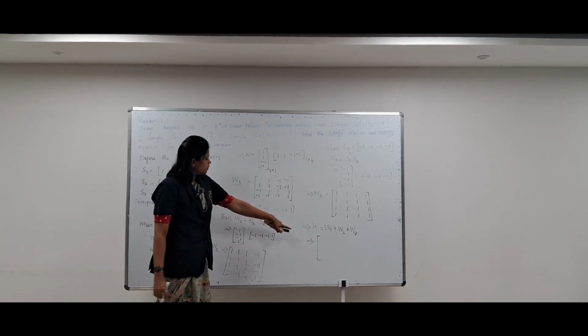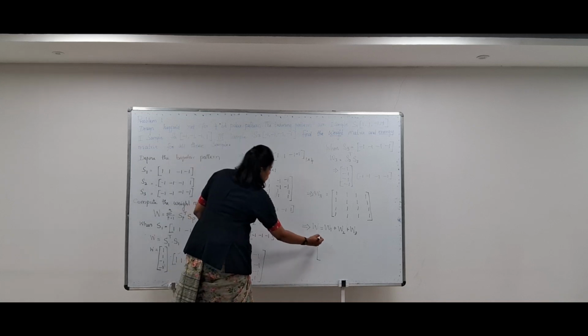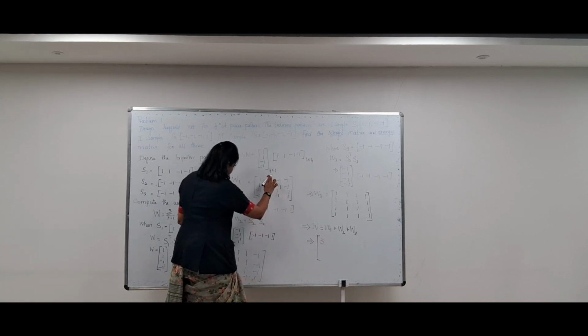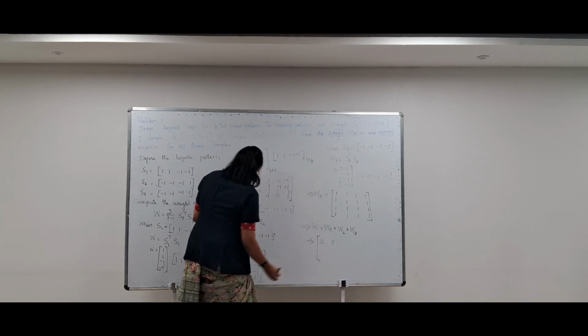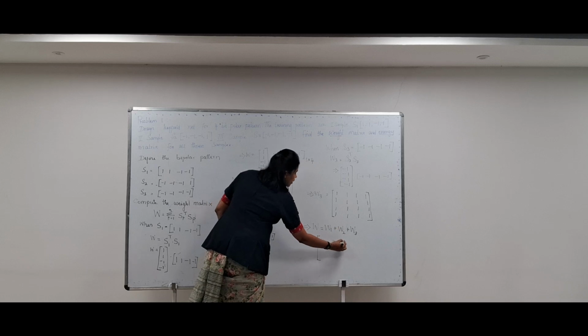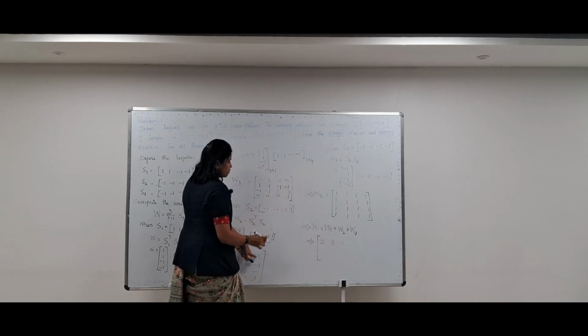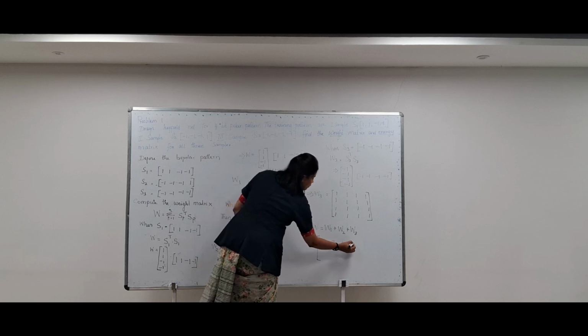W1, W2, W3, right? So 1 plus 1 plus 1, so 3. 1 plus 1 plus 1, 3 again. Minus 1 and plus 1 gets cancelled. Plus 1 and minus 1, this 1 and 1 gets cancelled. So here minus 1.